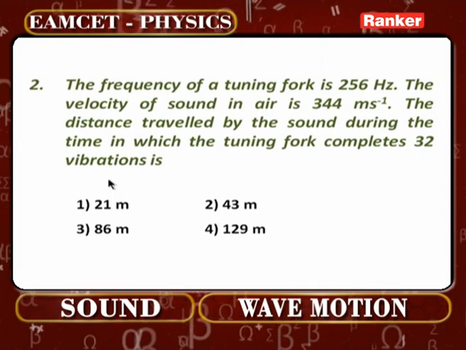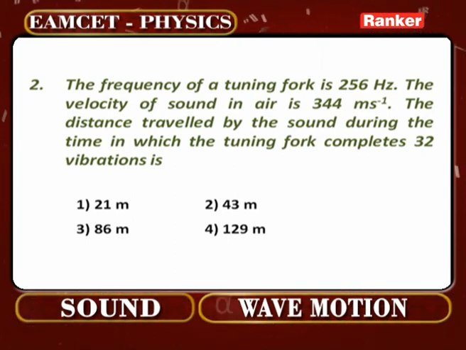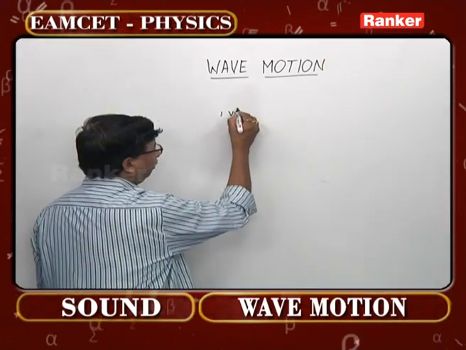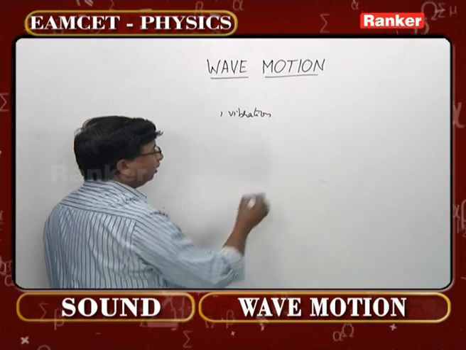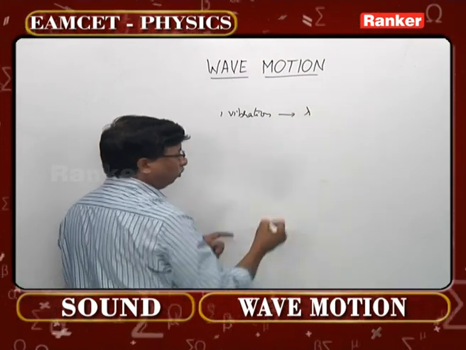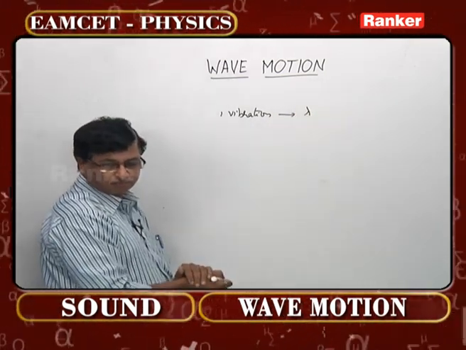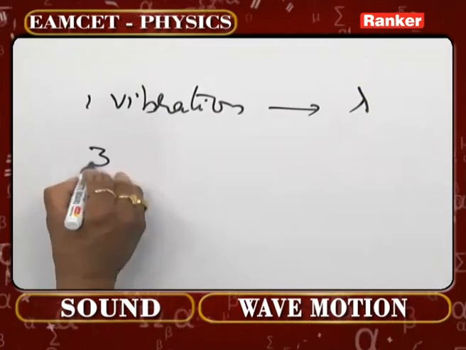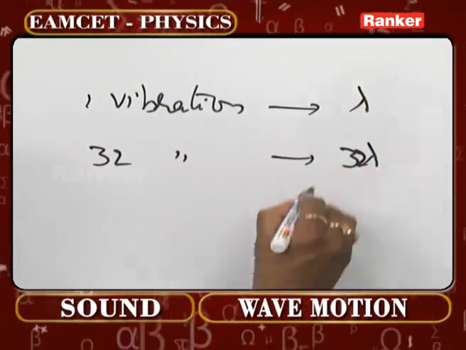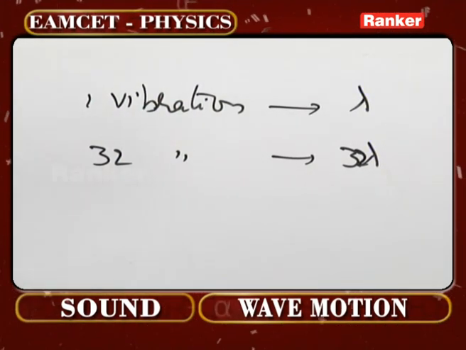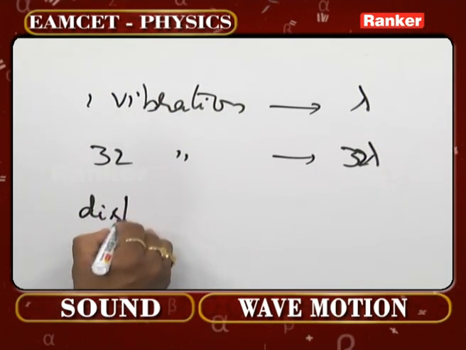One of the excellent model questions this one is. 32 vibrations: understand first of all, one vibration means one wave that comes out. That means it is equivalent to a distance of 1 lambda. Now if you take 32 vibrations, what will be the total distance? 32 lambda.